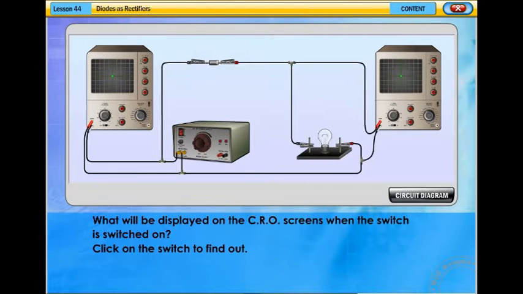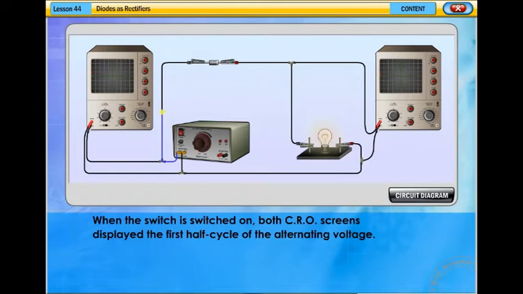Click on the switch to find out. When the switch is switched on, both CRO screens display the first half cycle of the alternating voltage.